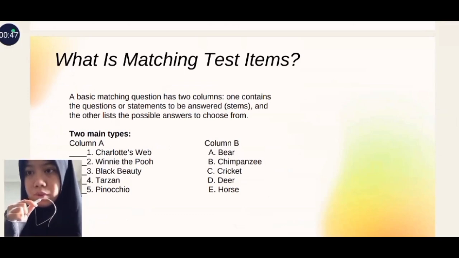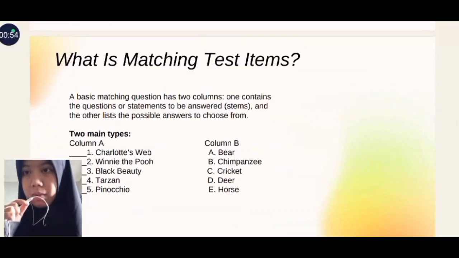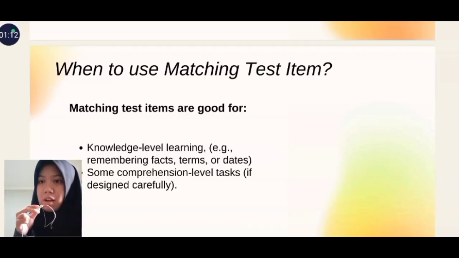Students have to choose the correct answers in column B and then put them in column A. For example, number 2, Winnie the Pooh is A. So students need to write A in number 2. Matching test items are designed to measure students' knowledge or recall of factual information.